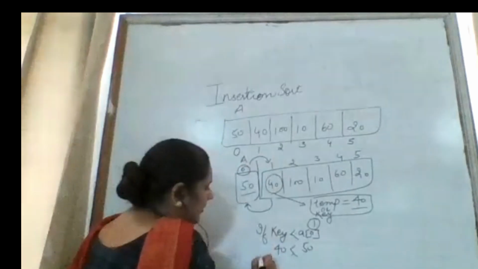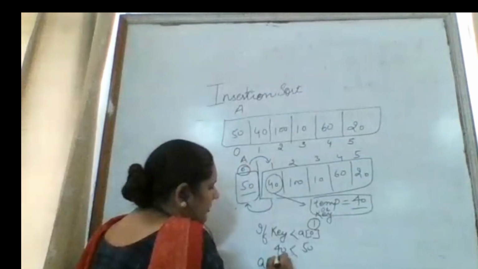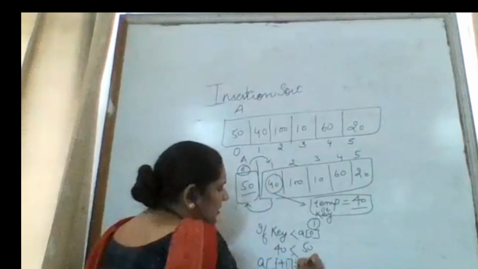We write A of j plus 1 is equal to A of j.